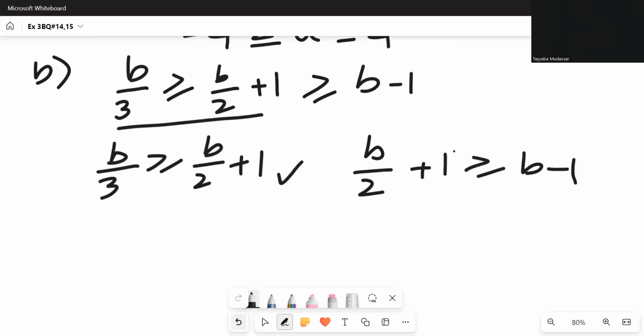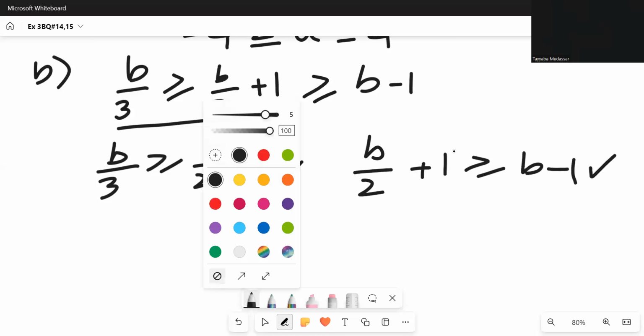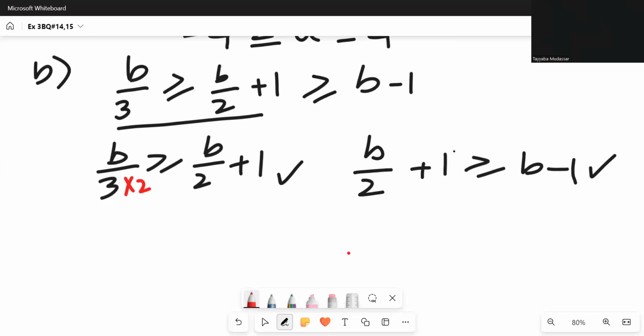Here we can multiply by making the same denominator, here 2, here 2, here 3, here 3, and here 6, and here 6. Okay, and here it is already 2, so we have to make 2 in the denominator.